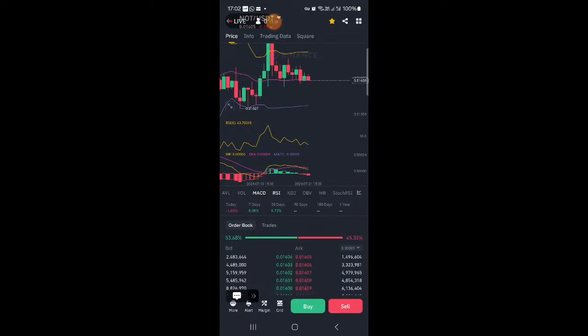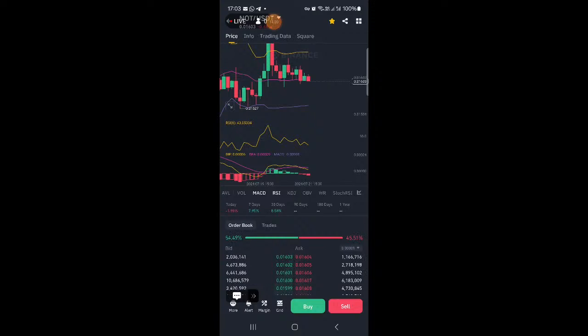Whenever the signal line is crossing the MACD line, it signifies that the trend is about to reverse, and vice versa. If the MACD line is crossing the signal line upwards, the market is going into an uptrend. Whenever the reverse happens, it means the market is going into a downtrend, like you can see here right now.